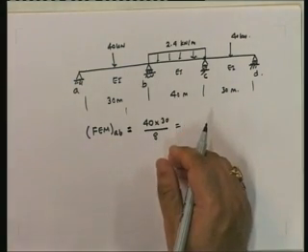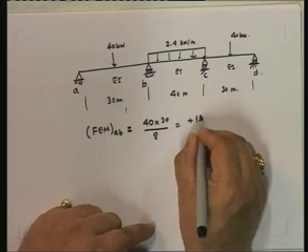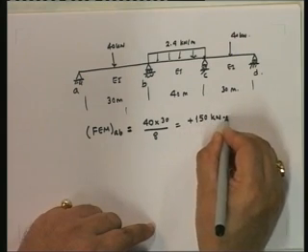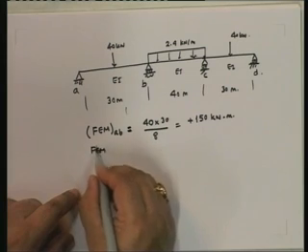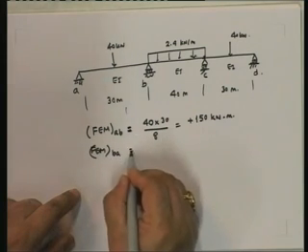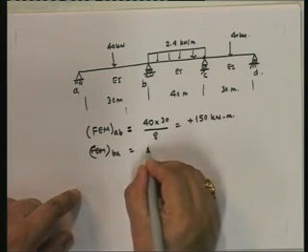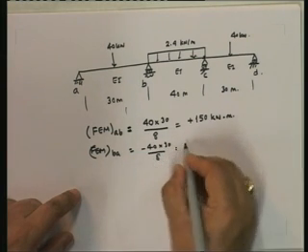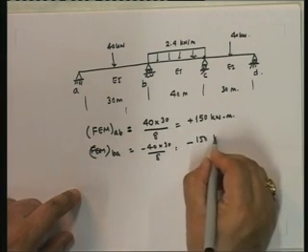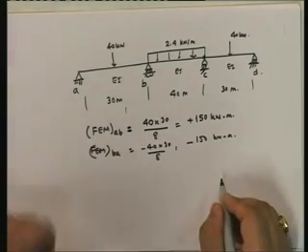So the fixed end moment is going to be plus 150 kilonewton meter. Fixed end moment at BA is equal to minus 40 by 30 upon 8, so minus 150 kilonewton meter.